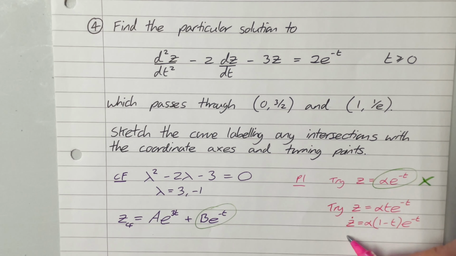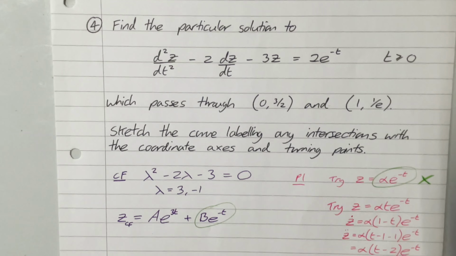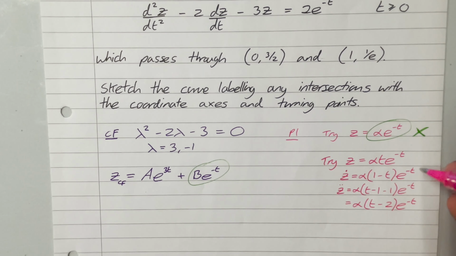And then z double dot is also going to be needed, which is, let's do this time the differential of this, which is t minus 1, and then the differential of this, which is minus 1, which can be written as alpha into t minus 2, e to the minus t. Okay, so there's my function, first and second derivatives.